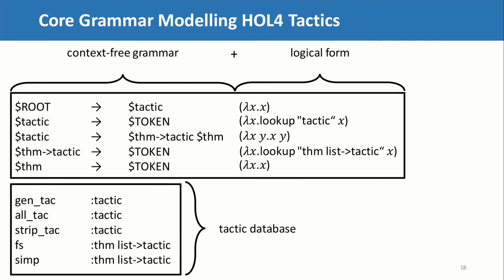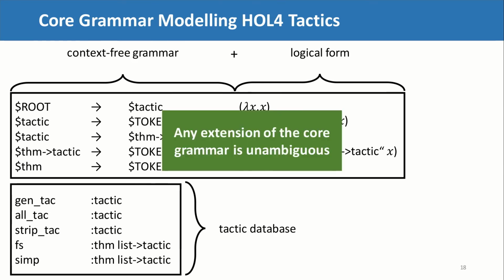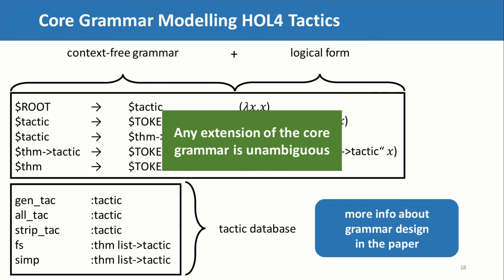Similarly, this works, for example, for theorem to tactic functions, and then we have combinations of those. By carefully designing the grammar such that it parses a subset of HOL4 tactics, we know that any extension of the core grammar performed by the semantic parser will always be unambiguous. More details about the design can be found in our paper.